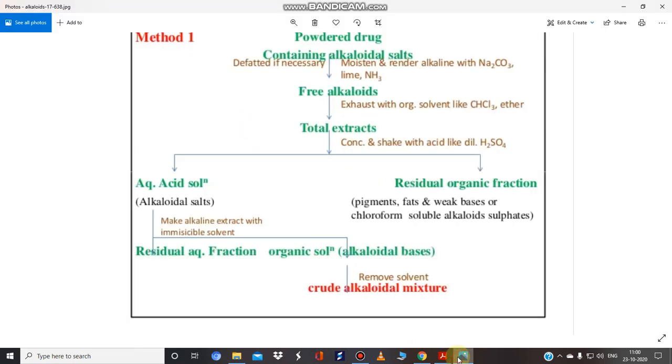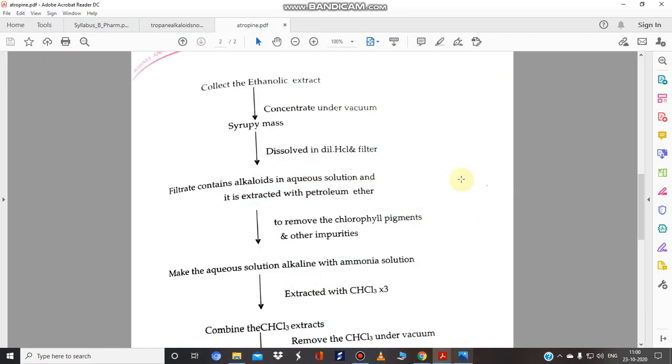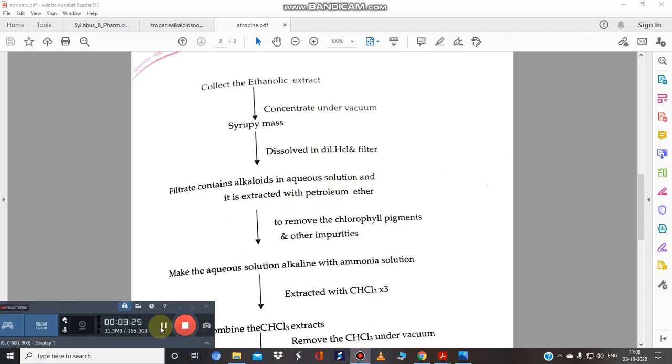Tell me what will happen whenever we treat with HCl: it will form a salt. So over here also, when it is treated with the HCl solution and we filter it, the filtrate contains alkaloids in the aqueous solution. Why is it written here that the filtrate contains aqueous solution?